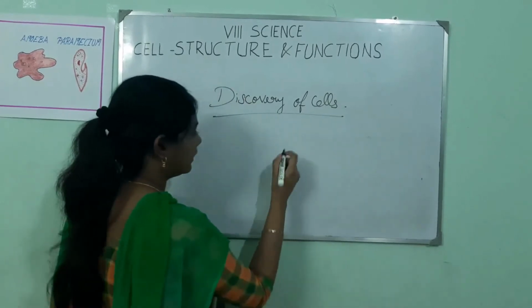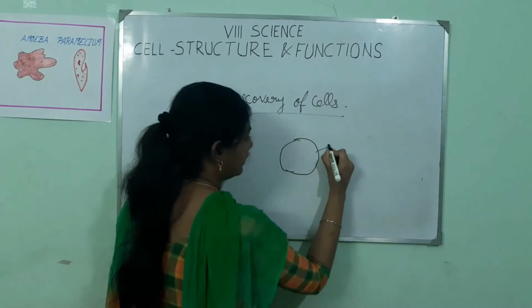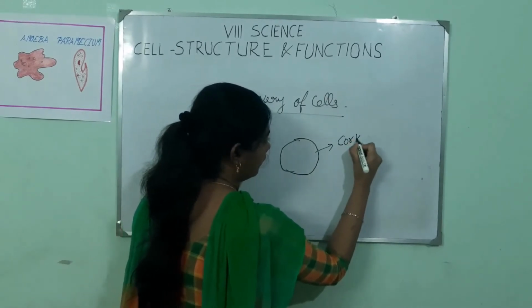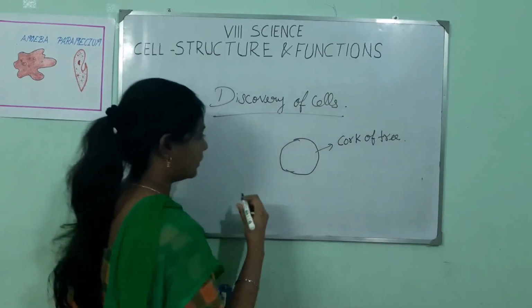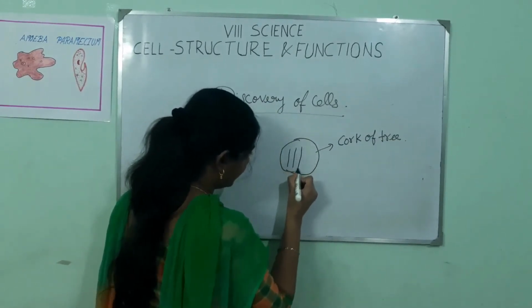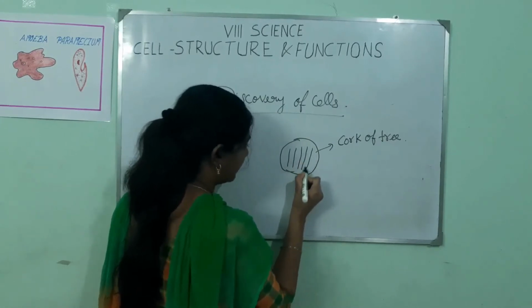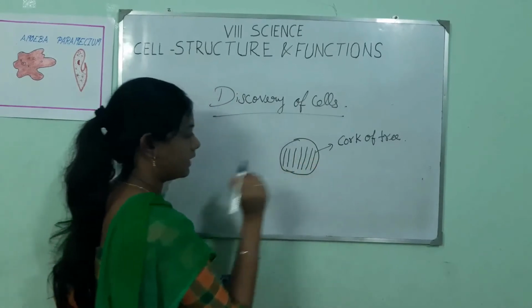When he observed, imagine that this is the cork of a tree. He observed that inside the cork there were a few slices like this, which were partitioned with spaces inside them.